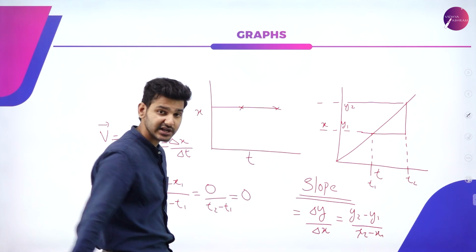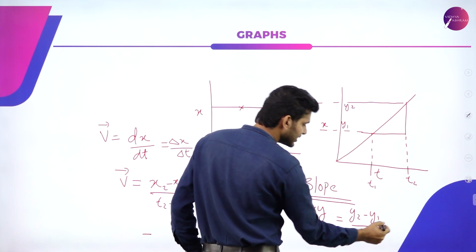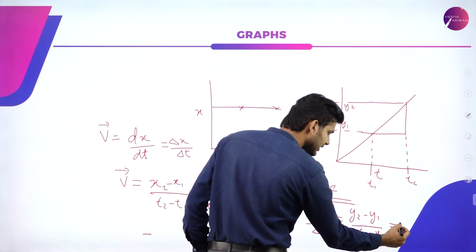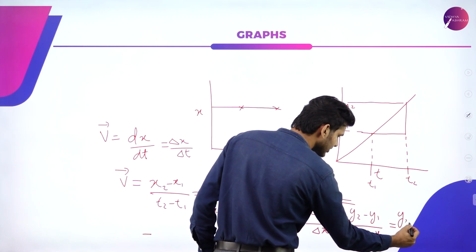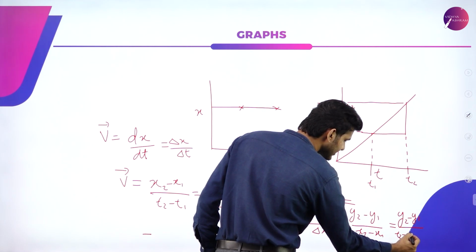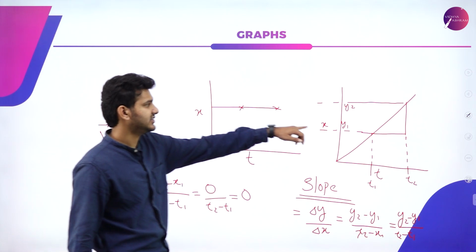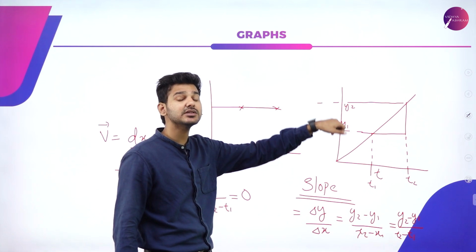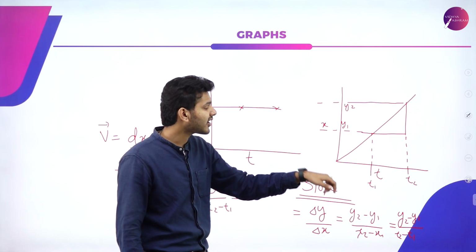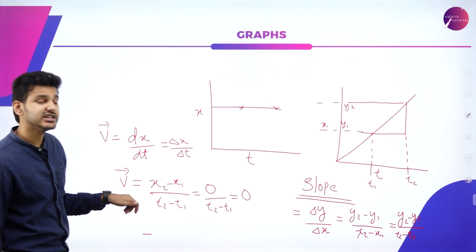Here in this particular case, it is the change in displacement, y2 minus y1, divided by t2 minus t1, that is del t. So the change in y-axis is the change in position or displacement, that is del x divided by del t, which will give you velocity.